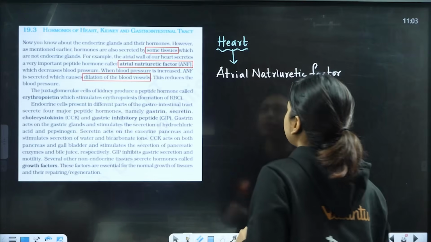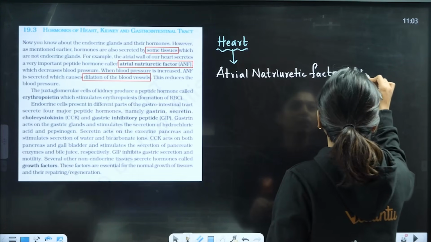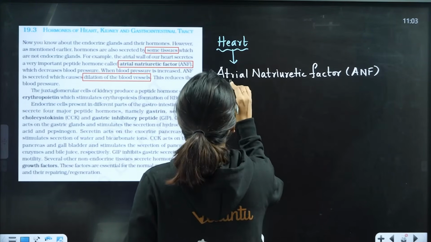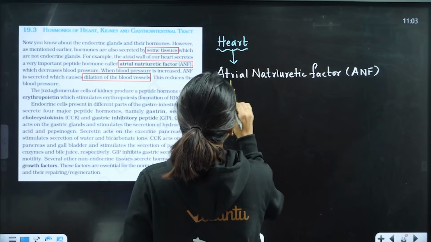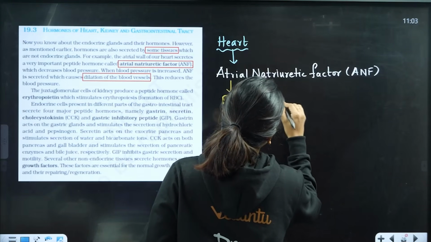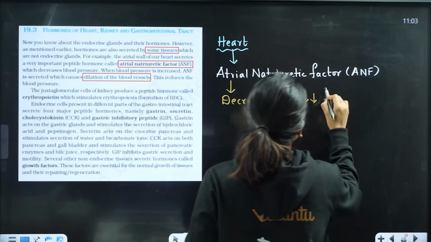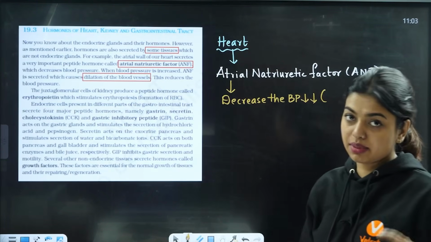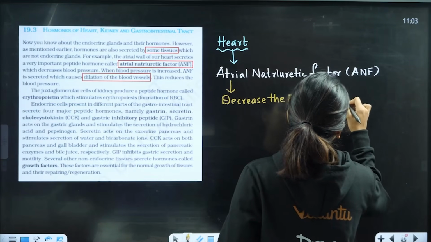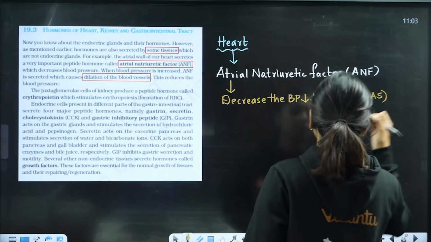Okay, you can also write ANF in the box. What is this going to do, students? It is going to decrease the blood pressure when it is high. And just write it is antagonistic to RAS mechanism. Antagonistic means opposite. So it is working opposite to RAS.